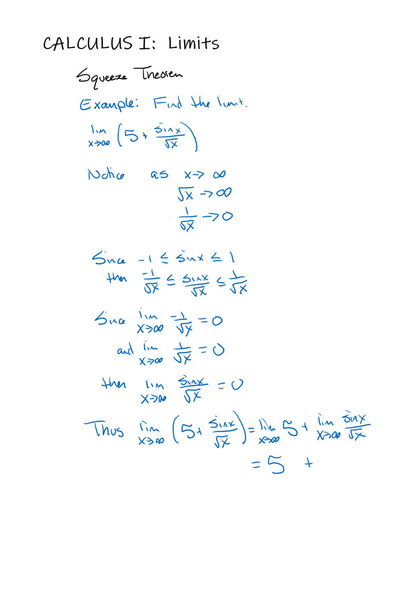So that gives me this last bit, that's all 0. Therefore, the limit as x approaches infinity of 5 plus the sine of x over the square root of x is equal to 5 plus 0, or simply 5. And there you go. Enjoy.